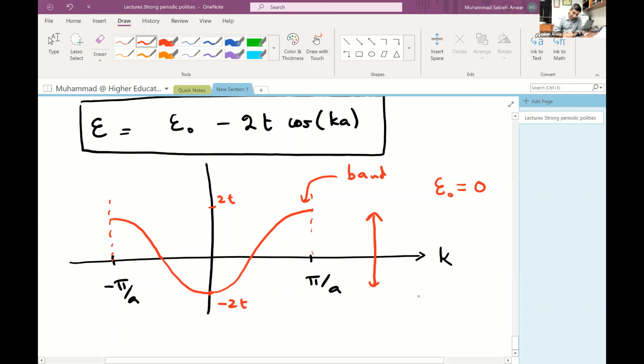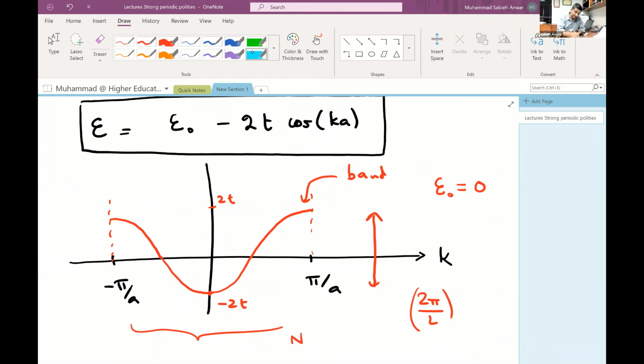There are going to be 2 pi over L spaces in between. The separation between 2 points is going to be 2 pi over L, and there are going to be n spaces in between. And since these electrons can pair up in spins, if we just have one atom, each atom contributing one electron going into its orbital, half of this will be occupied.